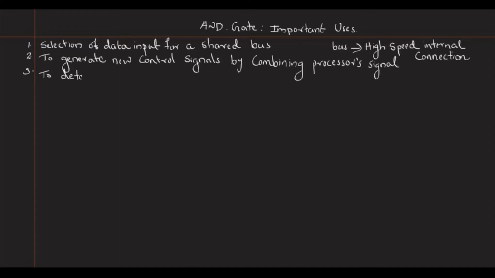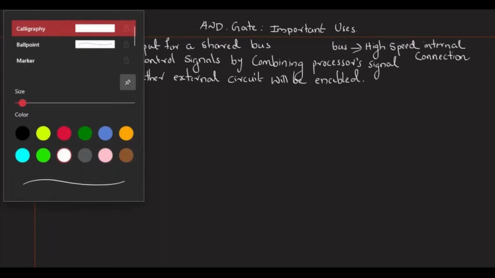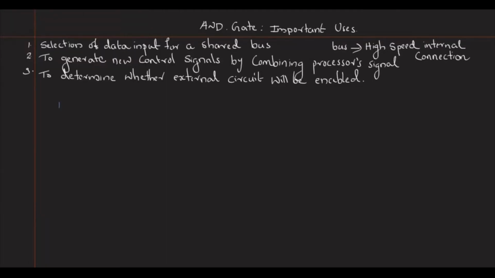The third one, to determine whether an external circuit will be enabled. So it is clear that AND gates are used in interfacing circuitry.